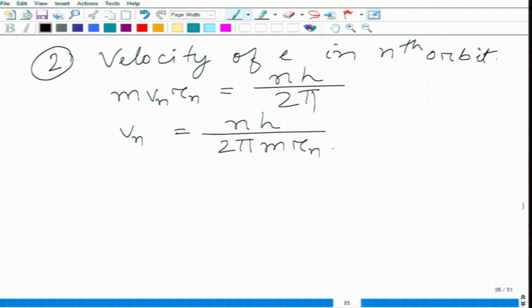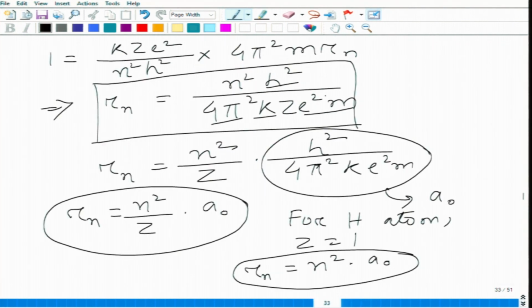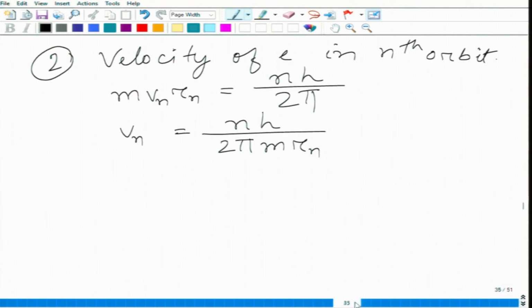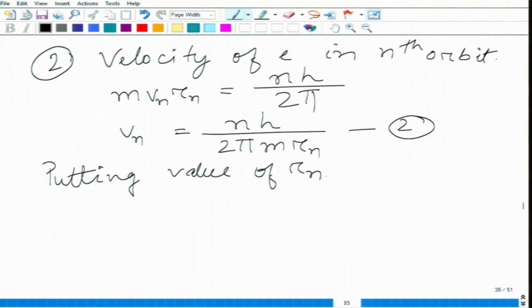Now we know the expression of radius that we have found out. So now we will put this expression of radius in the expression of velocity. Let's say this is equation 2. Putting the value of Rn in equation 2, what will we get?